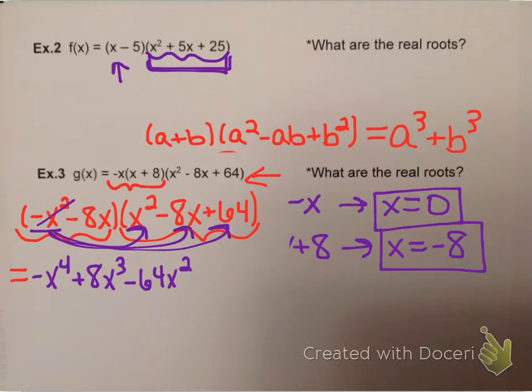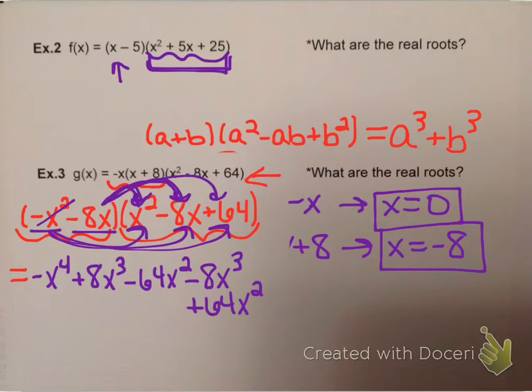And then I take the negative 8x and I distribute it through the parentheses. And so negative 8x times x squared gives me negative 8x cubed. Negative 8x times negative 8x gives me positive 64x squared. And negative 8x times 64 gives me negative 512x.